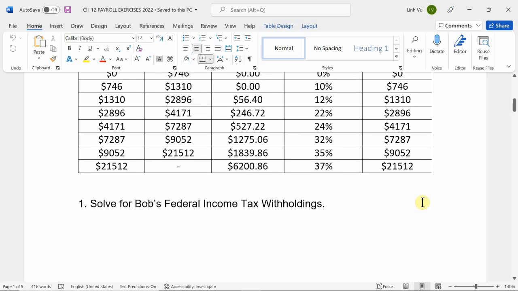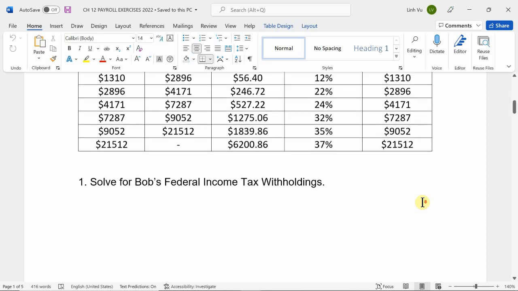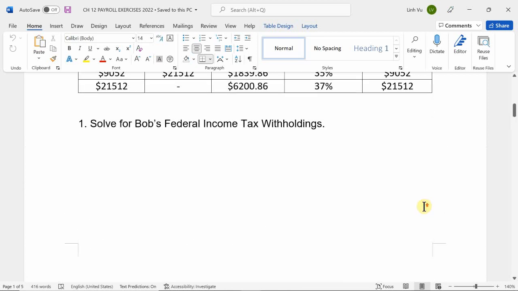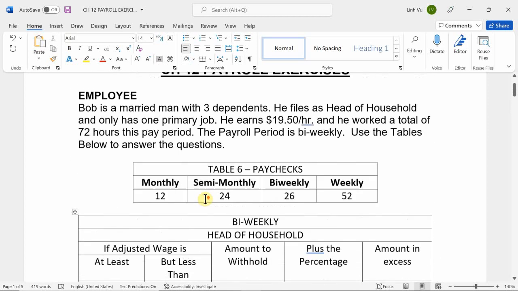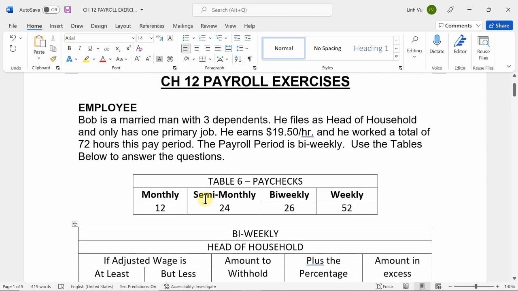Number 1, solve for Bob's federal income tax withholdings. So first, when we solve for Bob's income tax withholdings, we need to determine how much Bob has earned by determining how much gross pay he's going to get. So how much money did Bob earn this pay period, if he worked a total of 72 hours and his pay rate is $19.50?